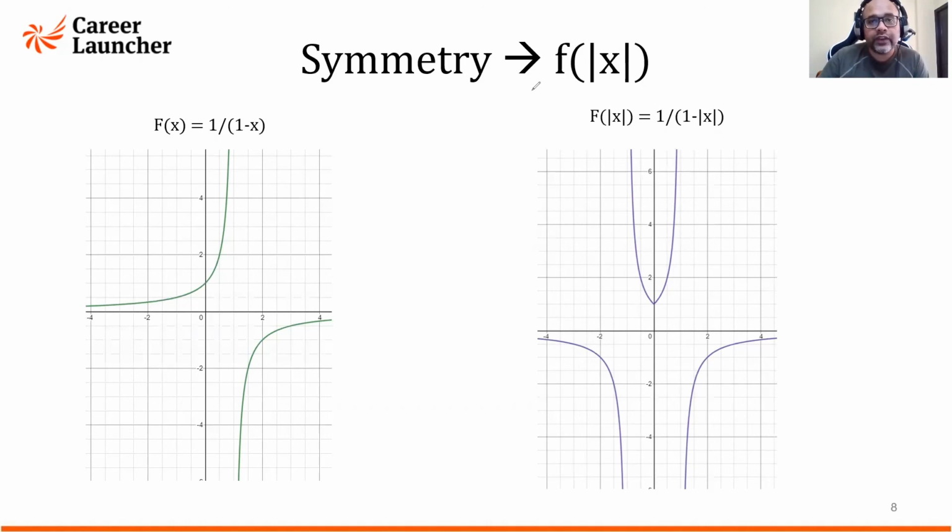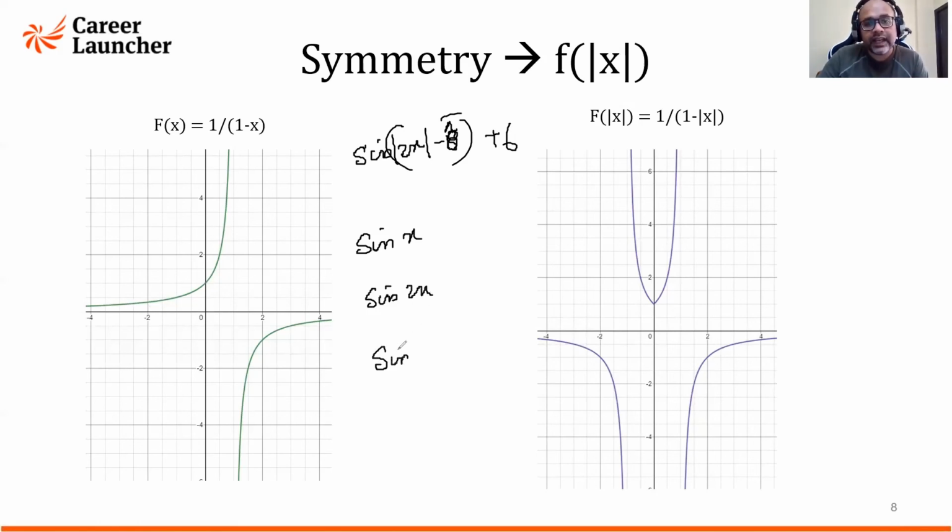So if I ask you to find a graph of sine mod 2x minus pi plus 6, you at the beginning would have got scared, but now you'll realize this is nothing but first find sine x, then find sine 2x. You know how to do this, we already discussed.